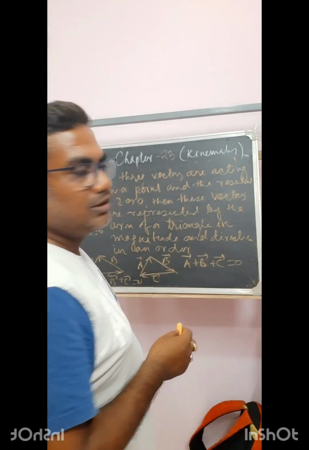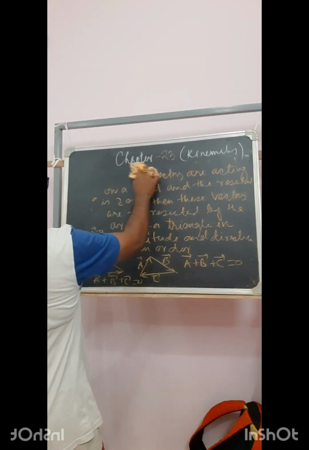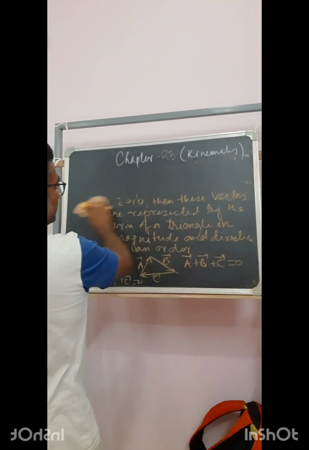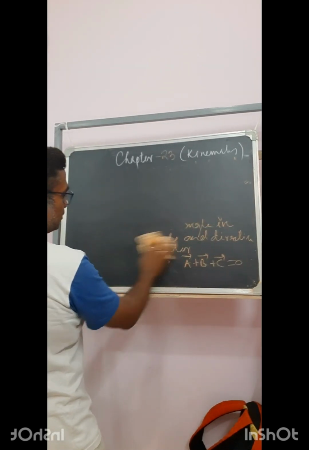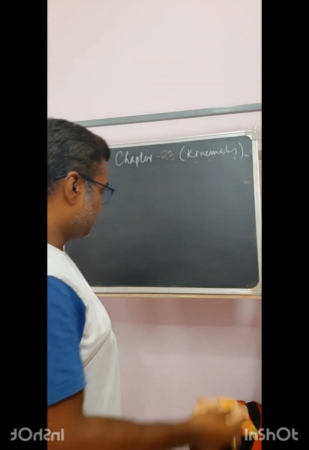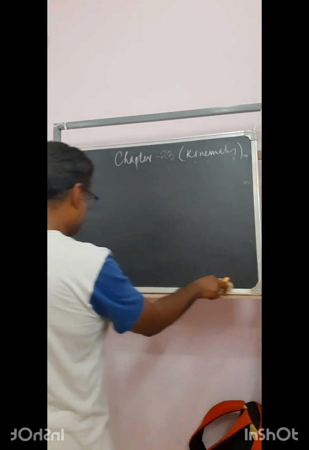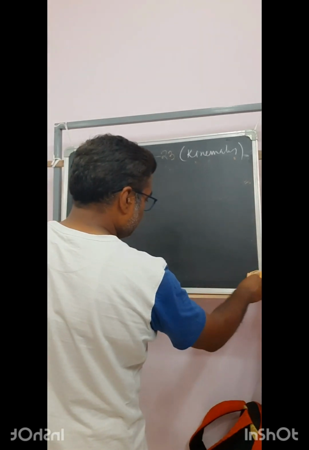So this is the triangular law. This is the first law of vectors, the vector addition law. It is the rule for adding three vectors if they follow the condition described in the law.